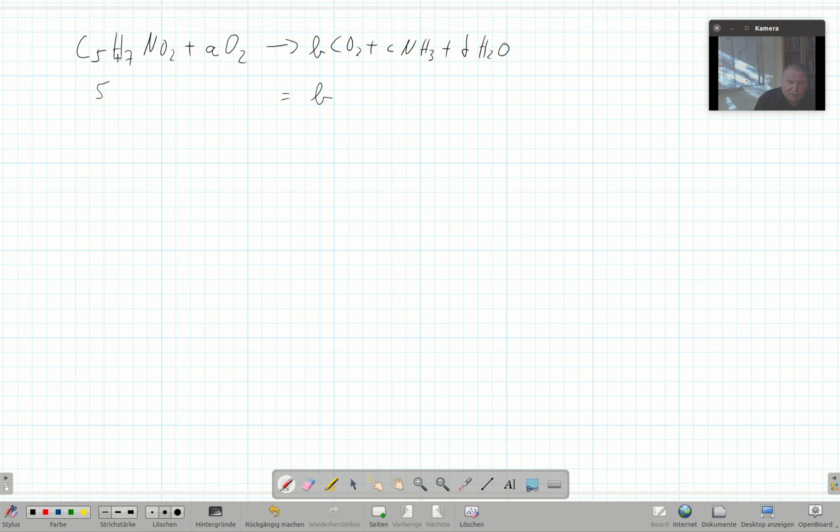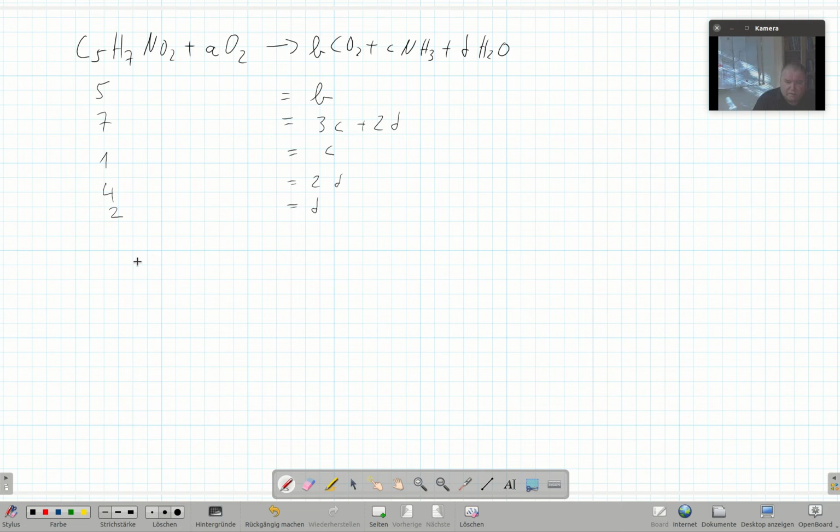Then we have H: 7 is equal to 3 times C plus 2 times D. Then we have N: this is 1, which is equal to C. From this we can extract D. We have then 4 is equal to 2 times D, and finally we can calculate that D is 2.